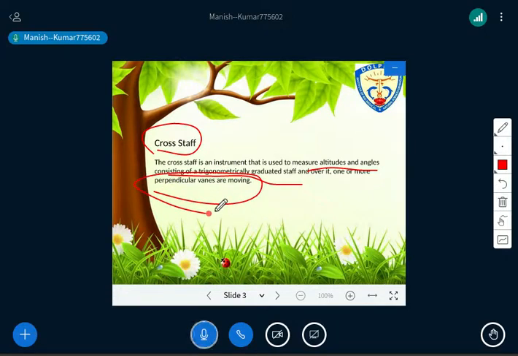This is the cross staff instrument, as you can see in the image. Its purpose is to measure the angles properly, and some early cross staffs could also be used for measuring altitude, right? Generally in that instrument we have perpendicular vanes, which means two vanes, both perpendicular to each other.